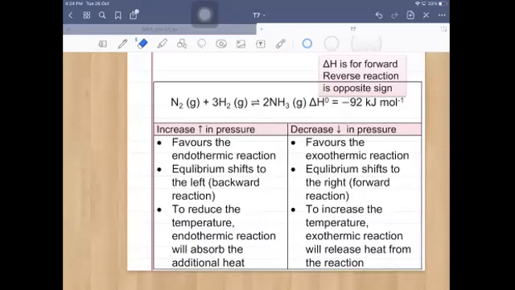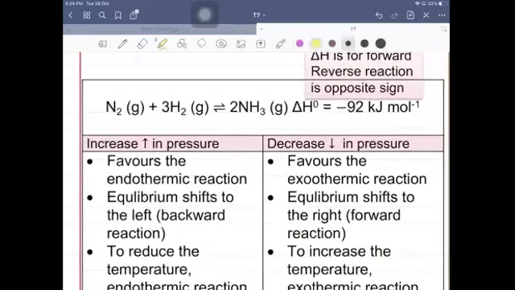The formation of ammonia has a delta H of -92. What this indicates is that the forward reaction is -92 kilojoules per mole. As you know, that's exothermic.